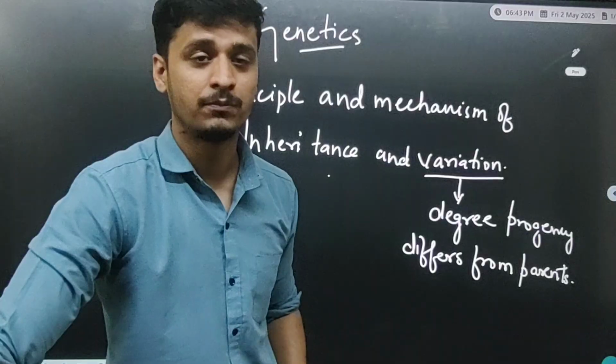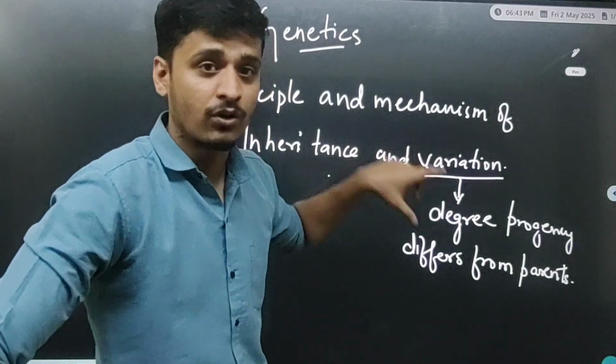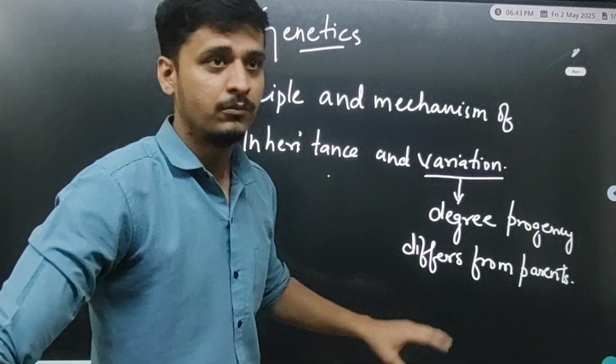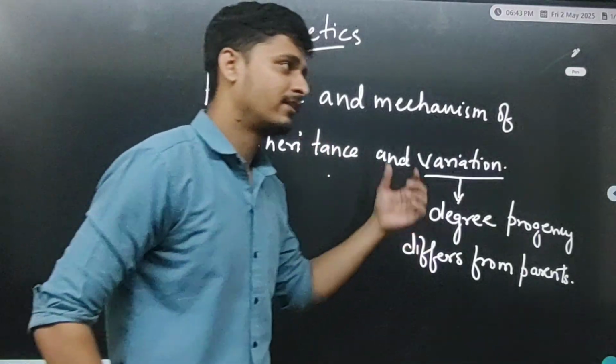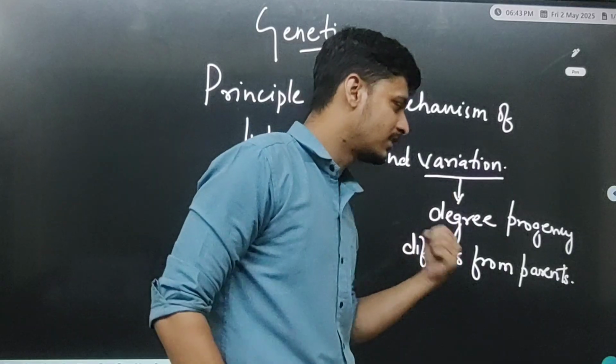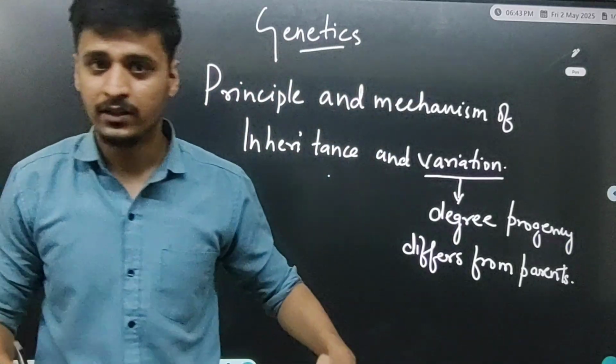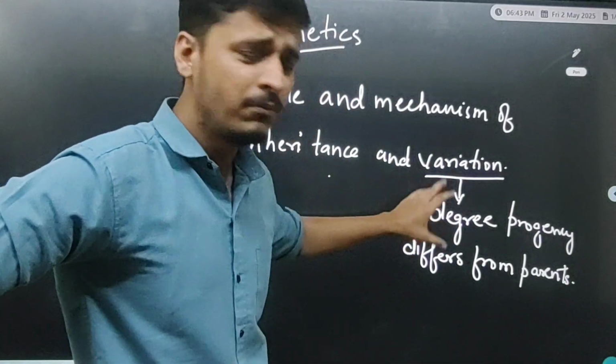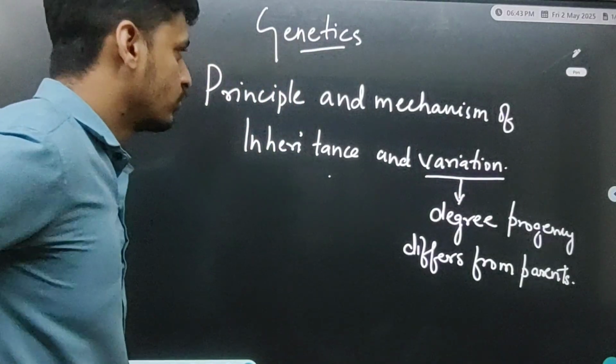Okay, the meiosis process, and crossing over takes place in the meiosis process, right? And that crossing over and recombination helps in variation. So it is the degree by which progeny differs from parents.